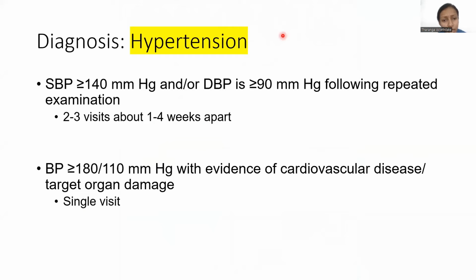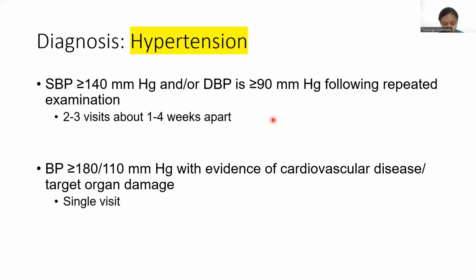So how do we diagnose hypertension? Classically, we've been diagnosing hypertension like this. If your systolic blood pressure is equal to or above 140 millimeters mercury, and or your diastolic blood pressure is over or equal to 90 millimeters mercury, you have to repeat it.